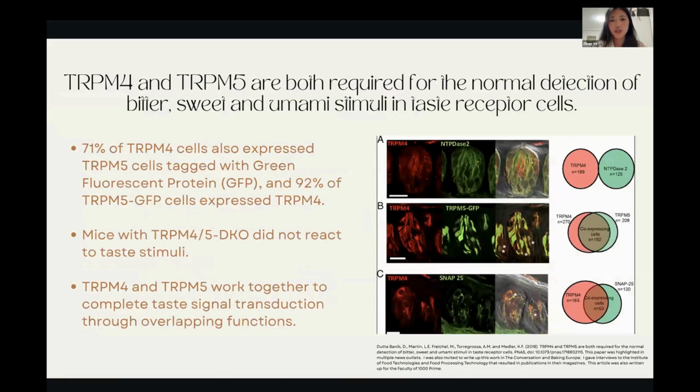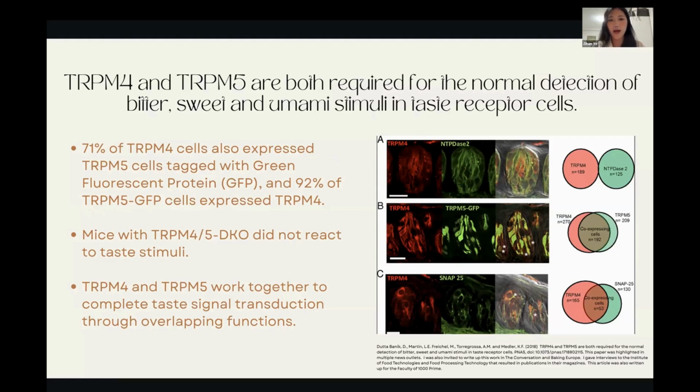So what I drew from my research for the similarity is that 71% of TRPM4 cells are expressed in TRPM5 cells tagged with green fluorescent protein, and 92% of TRPM5 GFP cells are expressed in TRPM4. If you look at the picture on the right, they overlap. That is what the GFP stands for.